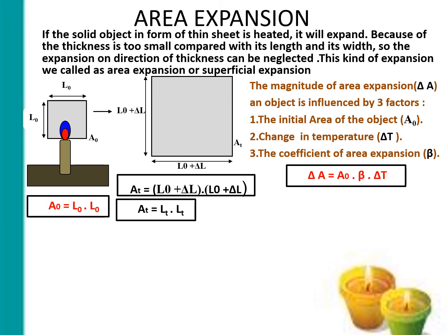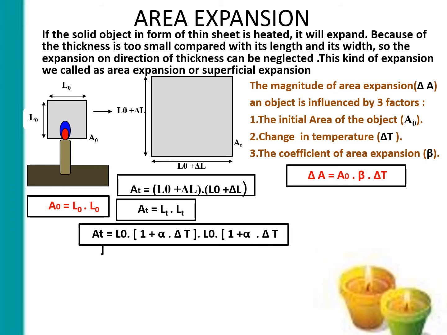Because we know from our previous meeting that LT equals L0 times 1 plus alpha delta T, AT equals L0 times 1 plus alpha times delta T, times L0 times 1 plus alpha times delta T.